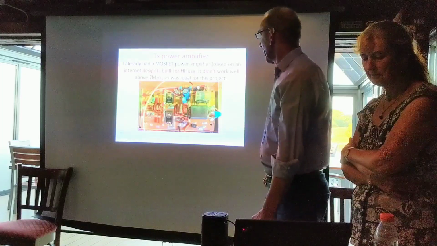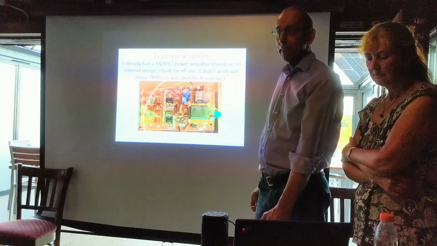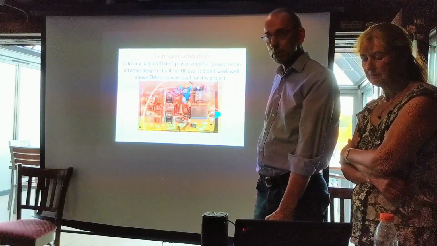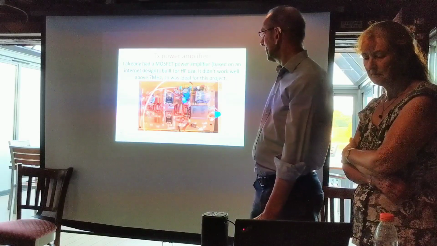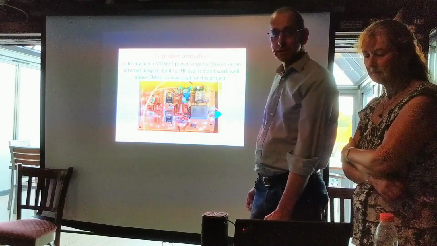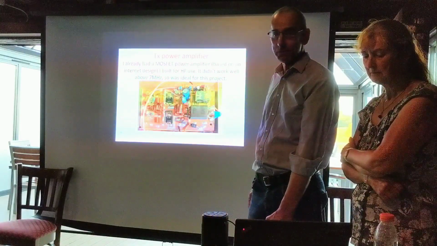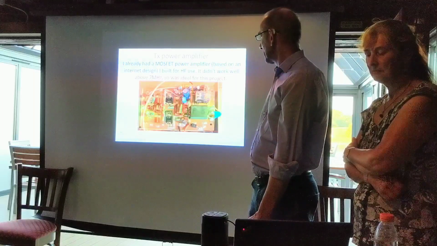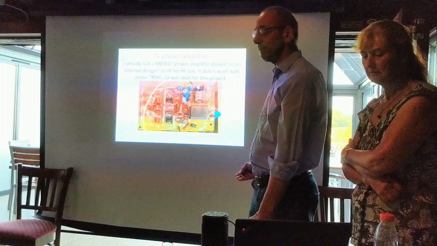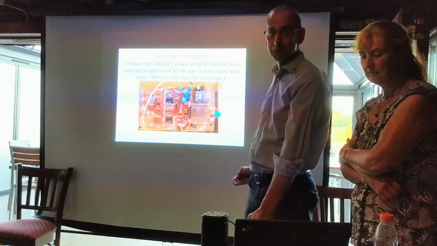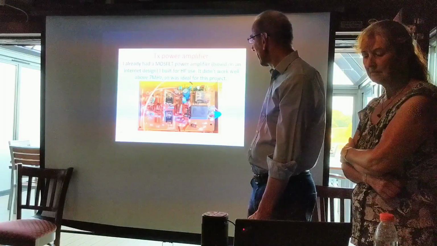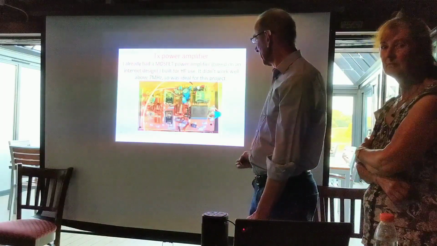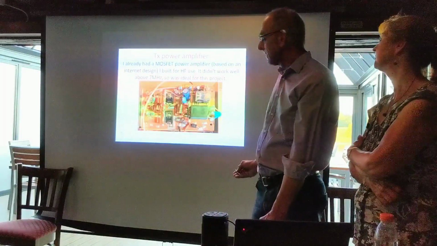The power amplifier, well, this is what happens when you have a junk box. Because a long time ago, I built a MOSFET power amplifier to use with my FT817 when I was away, using the IRF FETs, which a lot of people I know in the club have used. And this isn't my design, I pinched it off somewhere.